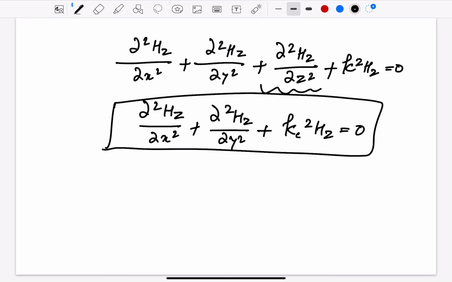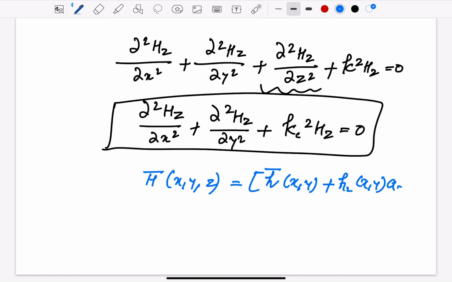And what is Hz here? Can you guess? If you can recall how we wrote H as a function of x, y, z, we segregated it like this: vector H is the transverse component x, y plus the longitudinal component along z cap, and of course e to the power jβz.